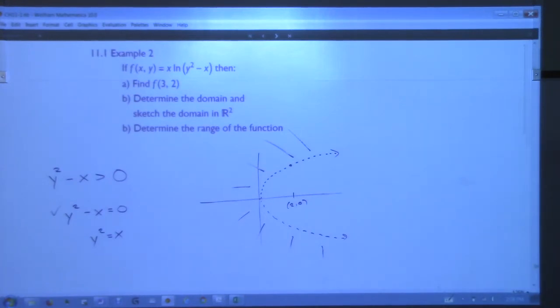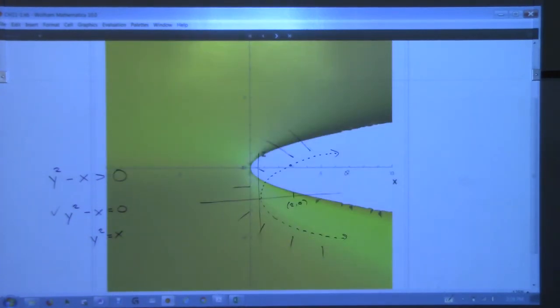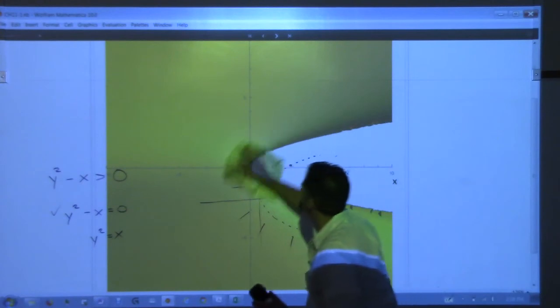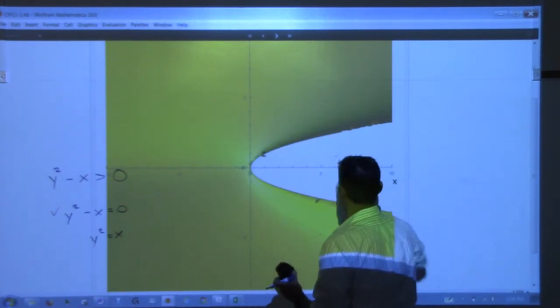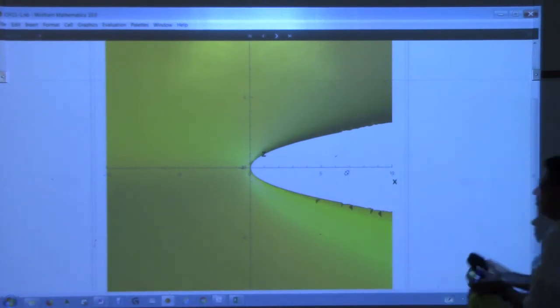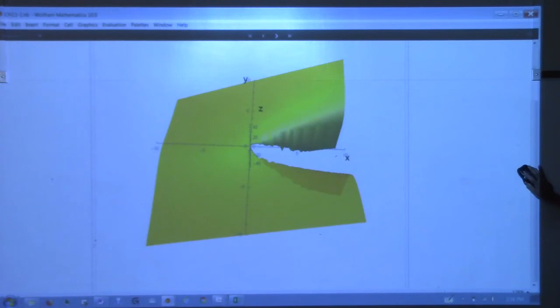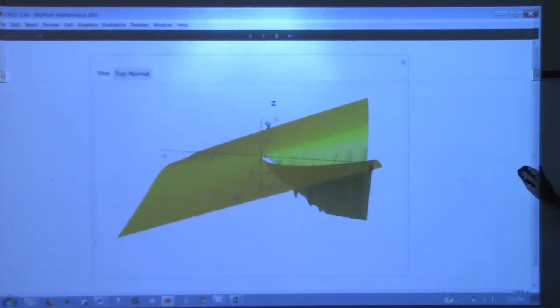Here's the picture of this one from the top. So that's the surface from the top. Now let me pop this out into 3D. See it?